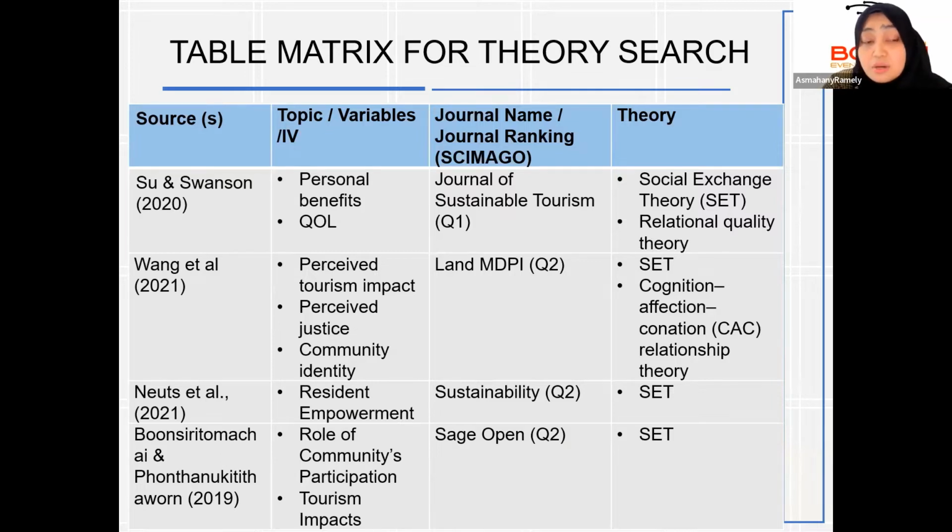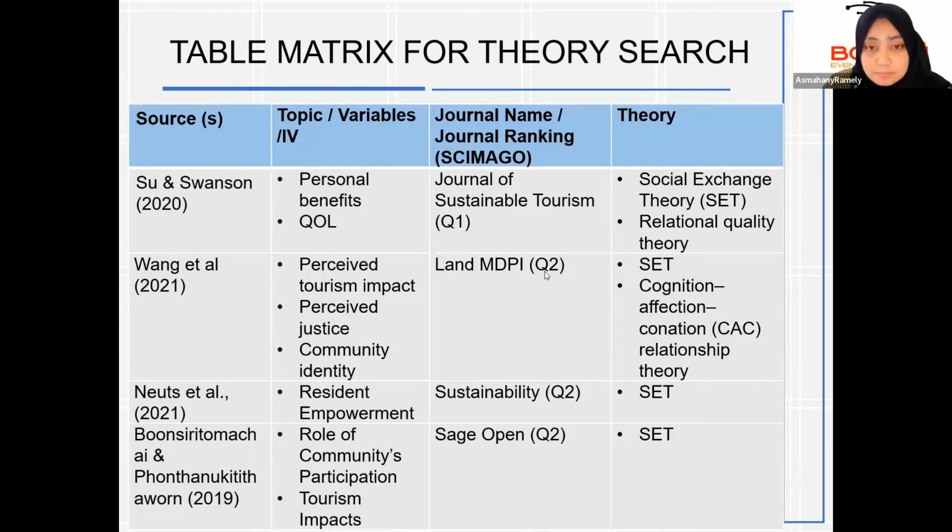So just imagine that we develop a wrong theoretical framework from the literature base. That's the end of the world. It can be a re-viva, but I would say fail. You have to restart everything all over again. So please pay serious attention to the theory research.